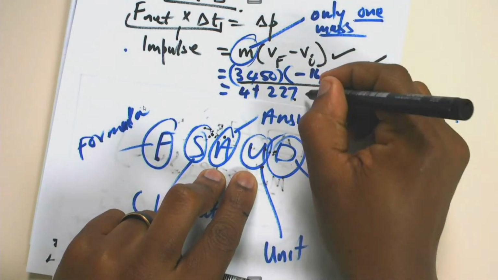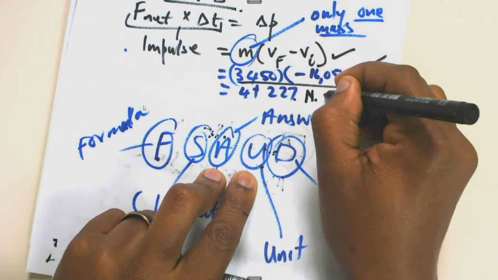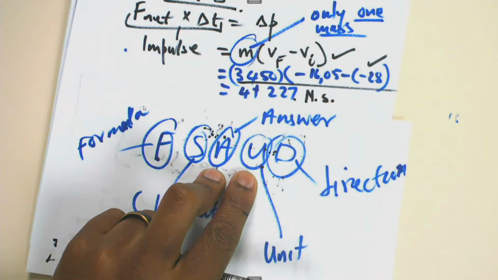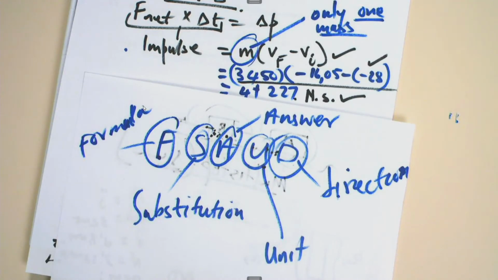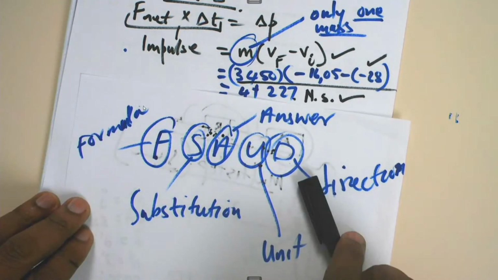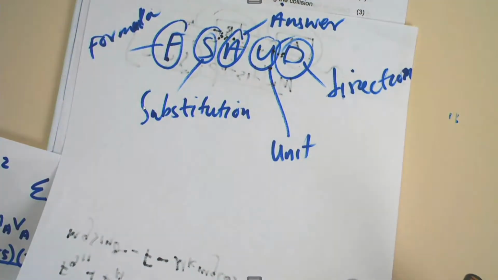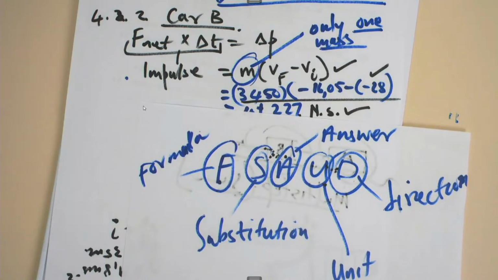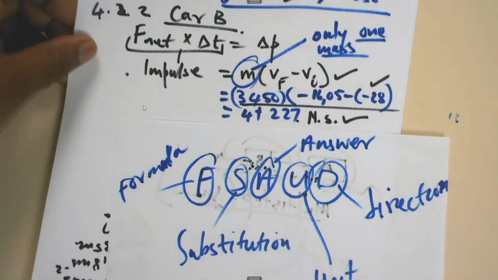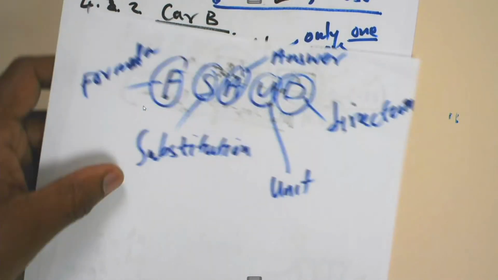Then I'm just going to write here Newton second, then I will be able to get that 1 mark. Does it have a direction? Let's check what the examiner said. The examiner just wanted the magnitude. So if it's just the magnitude, it's fine. We can omit the direction of the impulse. So that's how easy it gets.